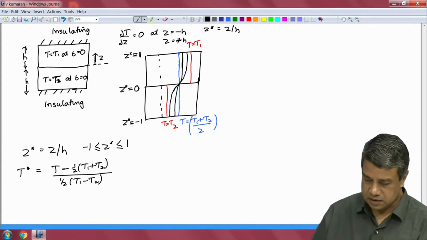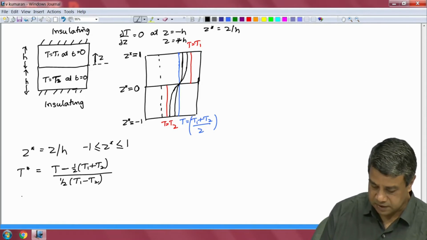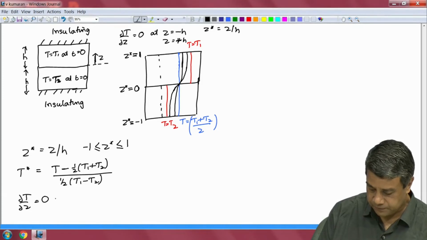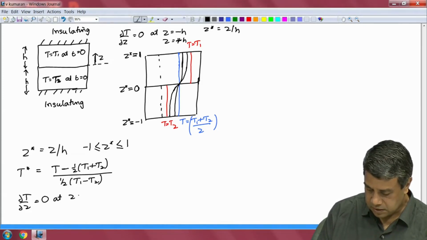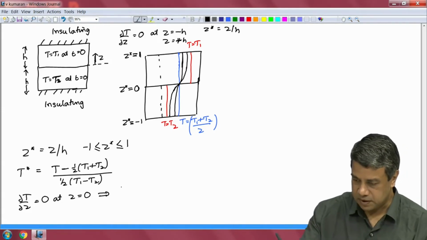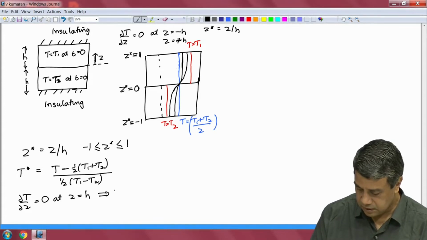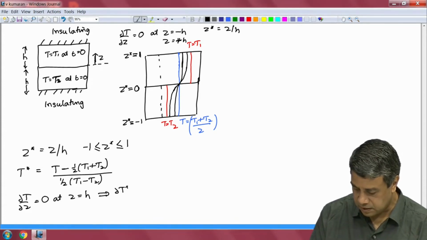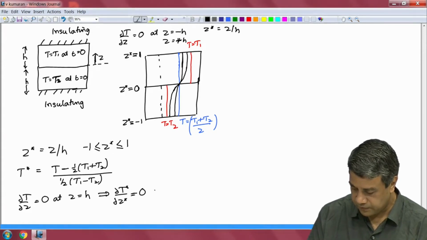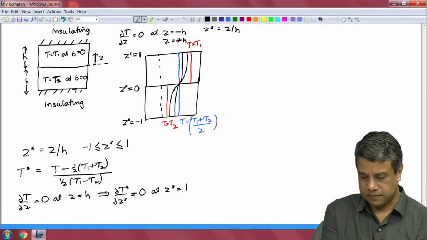And the boundary conditions are that the heat flux, partial T by partial Z, is equal to 0 at the top surface, which implies that partial T star by partial Z star is equal to 0 at Z star is equal to 1. Okay, that is the top surface.